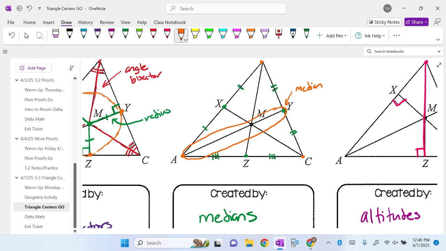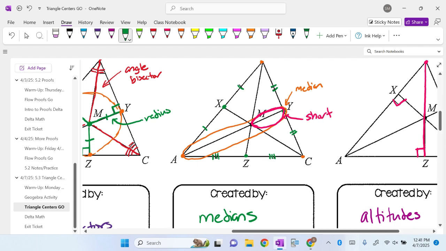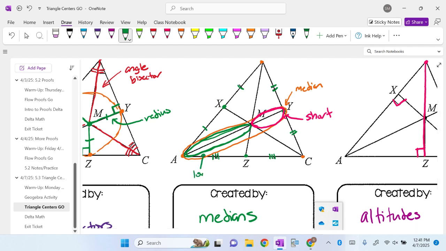And typically you can eyeball it. So, what do you think this segment is? The short or the long? Does it look shorter than the other half or longer than the other half of the median? It looks shorter. So this is considered the short segment. And then this part right here is considered the long part of the segment.